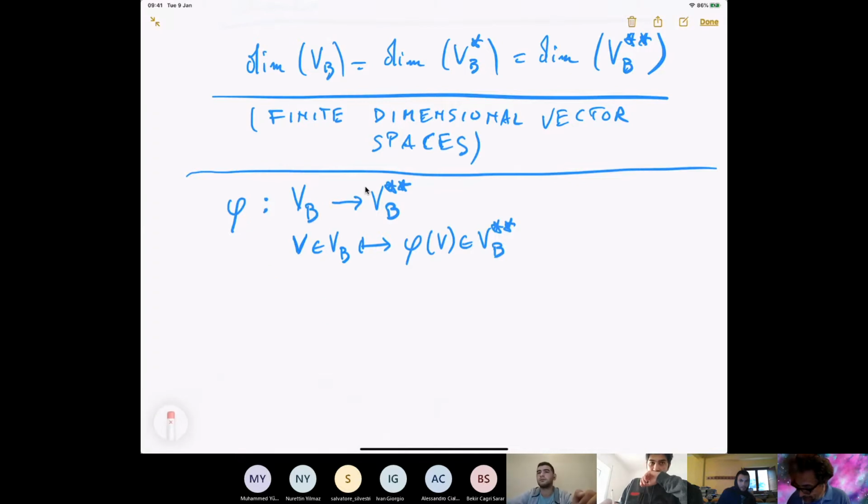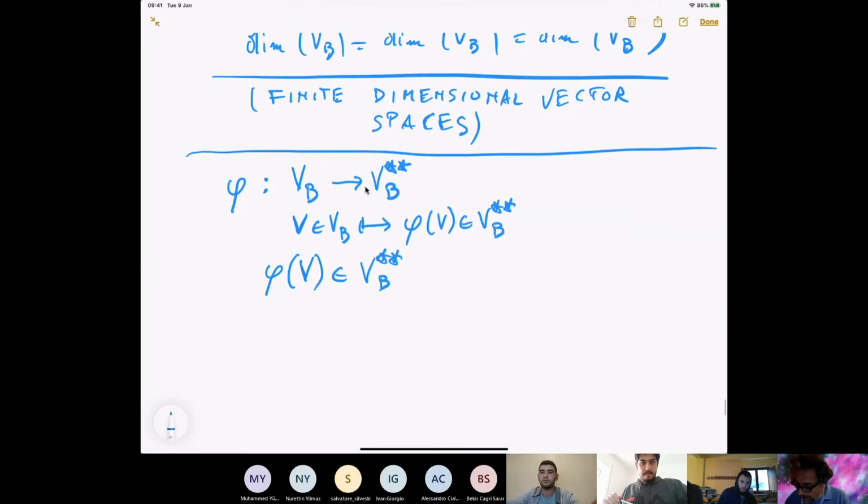So I start considering phi of V, an element of V star star B, as follows. Phi of V, what is phi of V? Is a linear map on the set of elements of V star B. Okay, so phi V applied to L must be a real number.